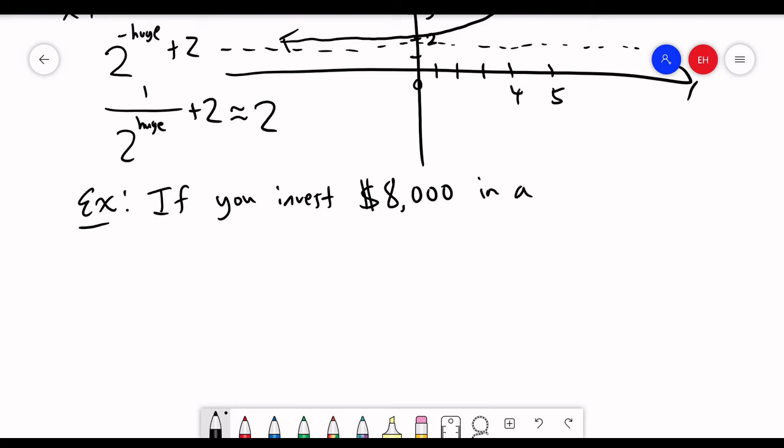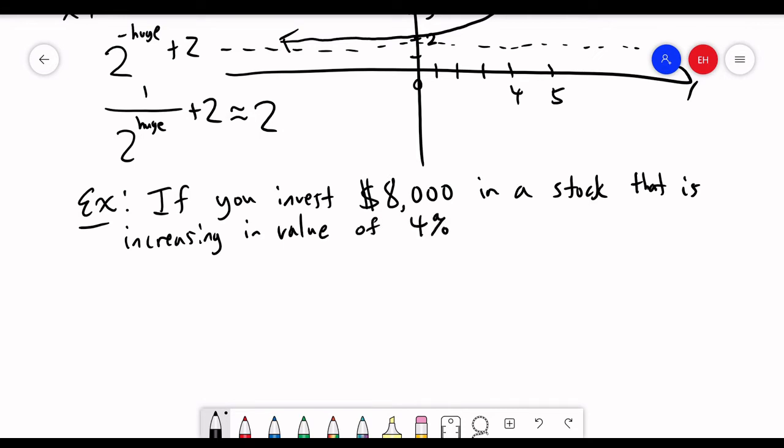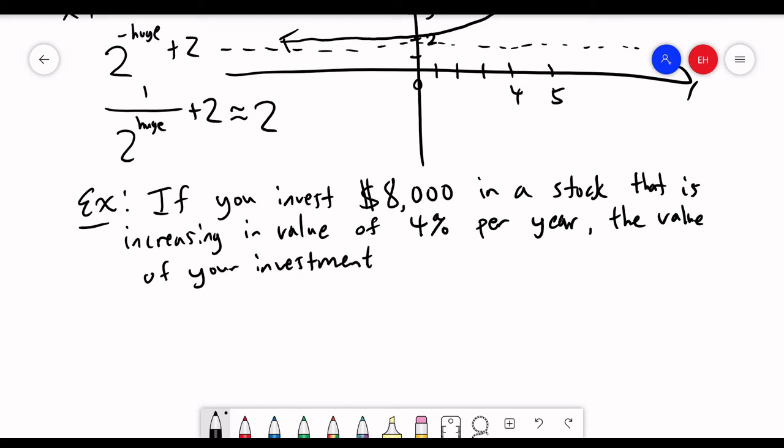If you invest $8,000 in a stock, and that stock is increasing in value at 4% per year, the value of your investment is going to follow an exponential function. If something's increasing by a percent amount, it's growing exponentially.